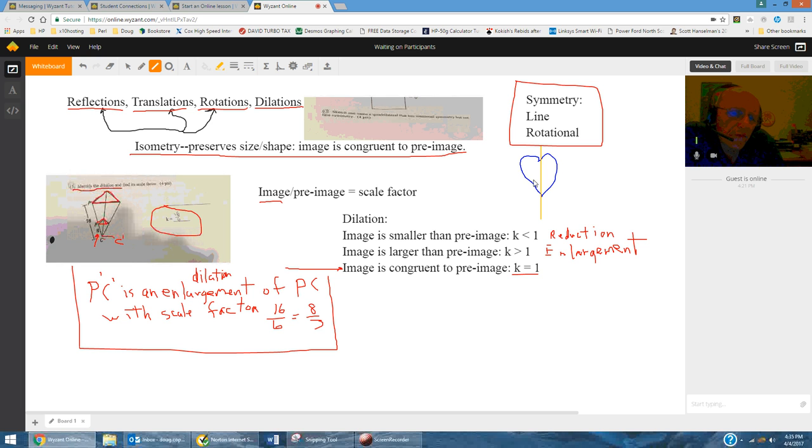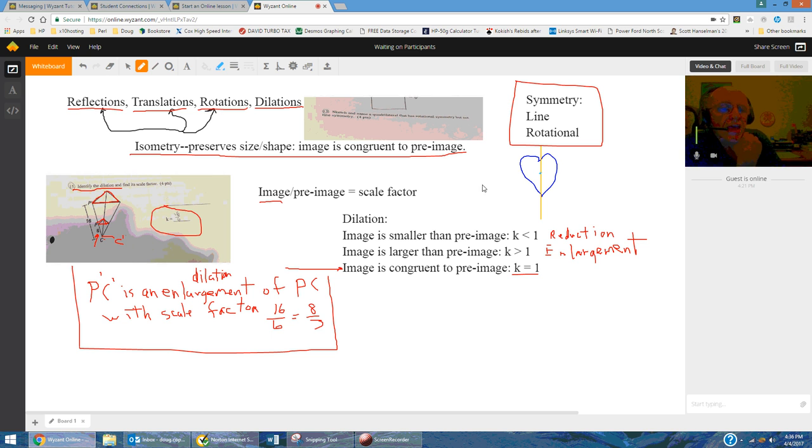Rotational symmetry means you usually find a point right in the middle of the shape and then start rotating it like it's on a pin and see if you can get it to lie on top of the original shape.